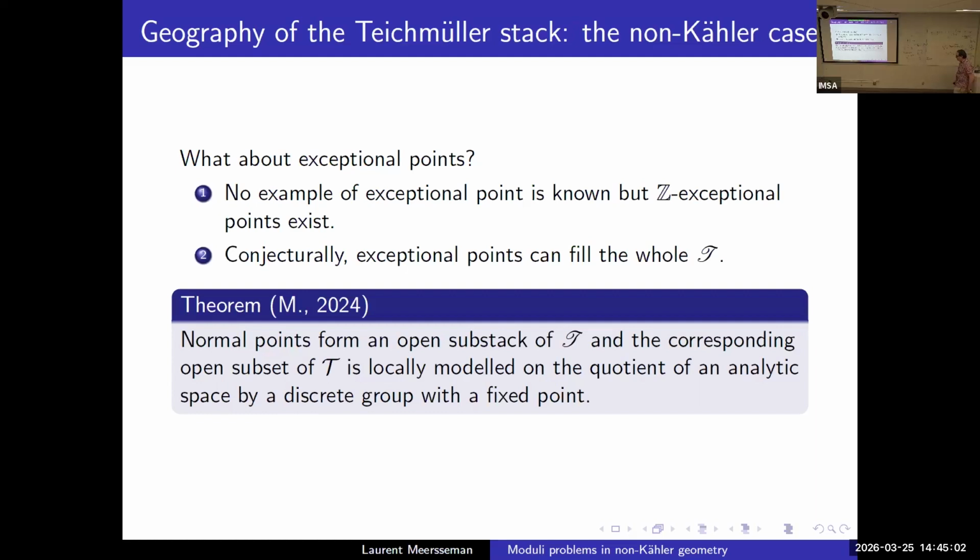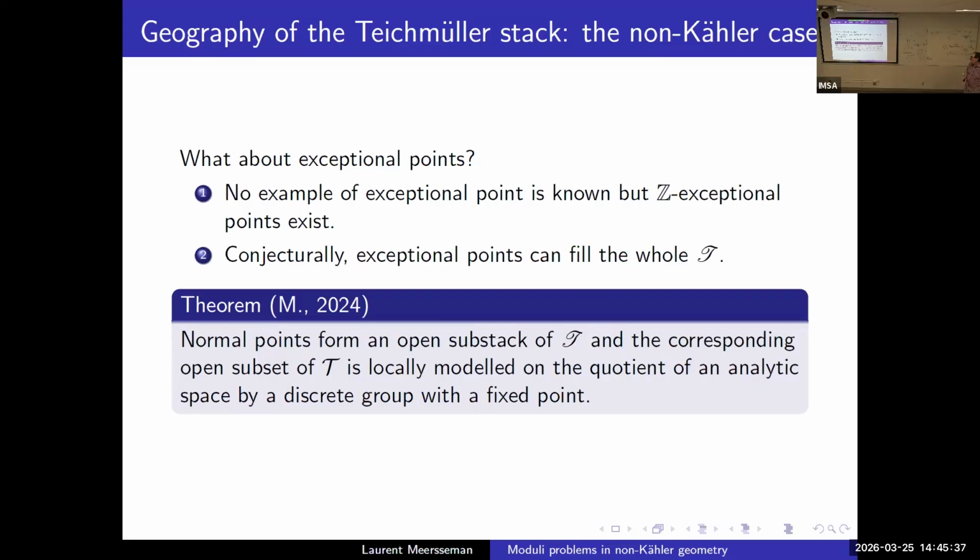Now, these results are enough to exhibit some example of Z Teichmüller stacks that are different in the non-Kähler situation. I can give you an example of a Z Teichmüller stack that, looking at the local models, you can say is not the Z Teichmüller stack of Kähler forms, because of this problem of finiteness, which is now discrete.